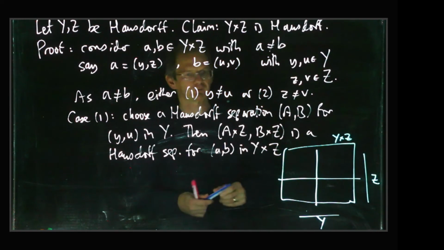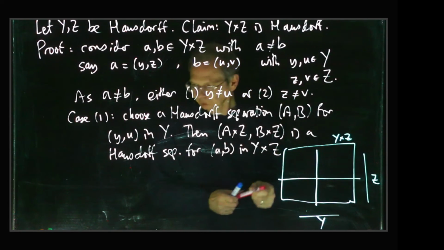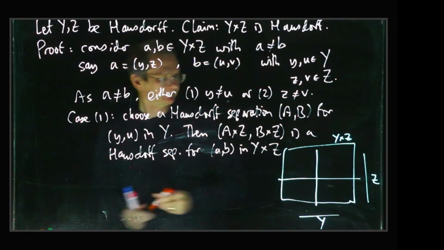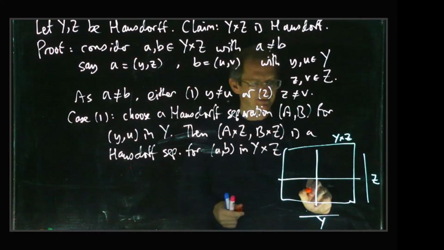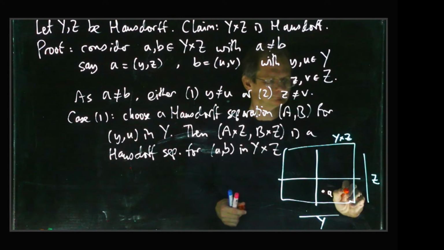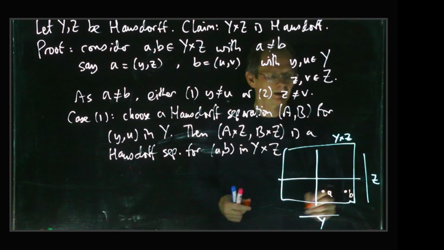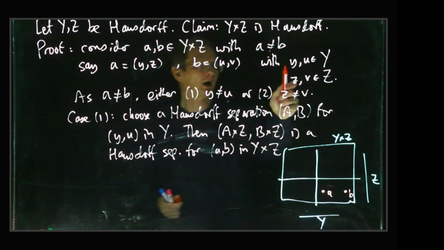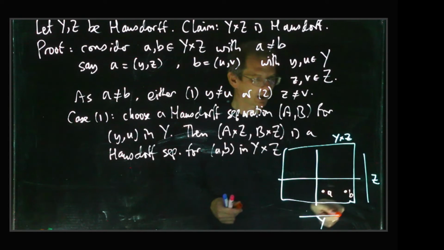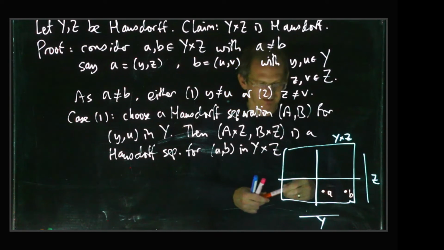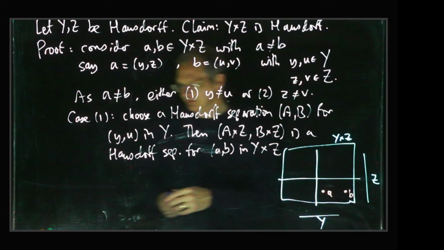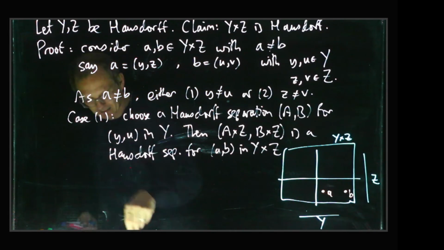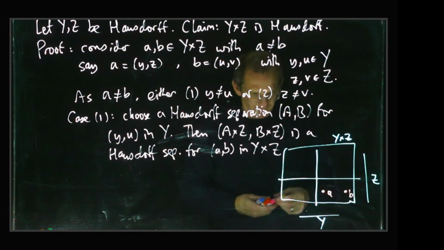Then you've got your points A and B. Remember, we're assuming here that y and u are different. In other words, the Y coordinates of A and B are different. The Z coordinates might or might not be different.